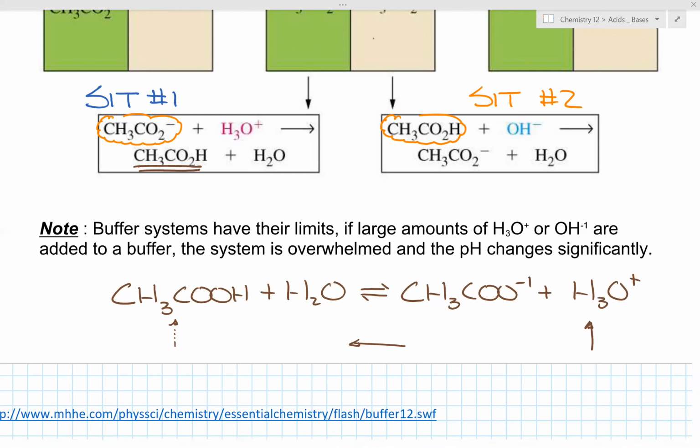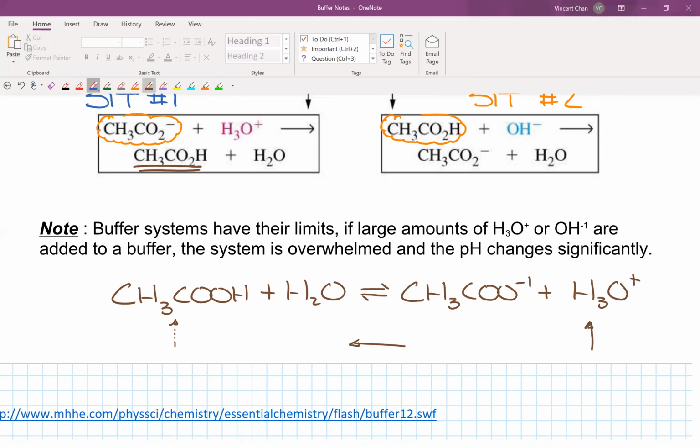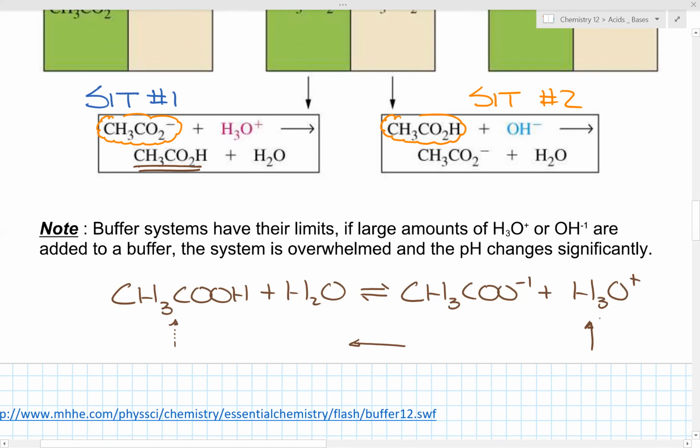Now, some of you might say, well, Mr. Chan, if we had a base, doesn't a base decrease the H3O+? And so equilibrium shifts to the right and CH3COO- concentration goes up? Yeah. Take a look at the products in situation 2. You produce CH3COO-. Now, you might say, okay, which one is correct then?